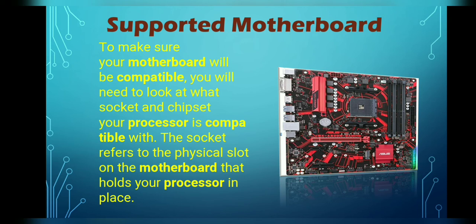So if your motherboard is not compatible with your CPU that you have purchased, then your computer will not work. So if you want to build your own PC, so please make sure that you have seen that which processor is supported by your motherboard.